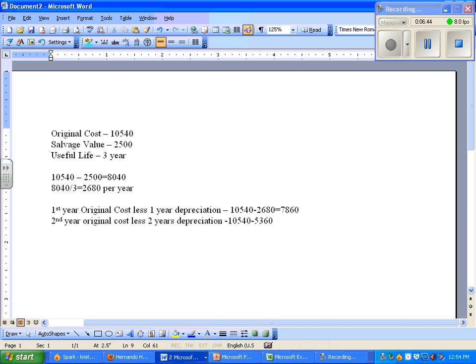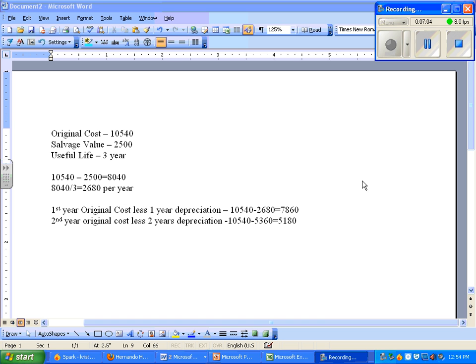And that is 10,540 minus 5,360. 5,180 is what you should have for your book value at the end of year 2. The book value is the original cost less the total depreciation. So that is the first and second part of application 14.5.